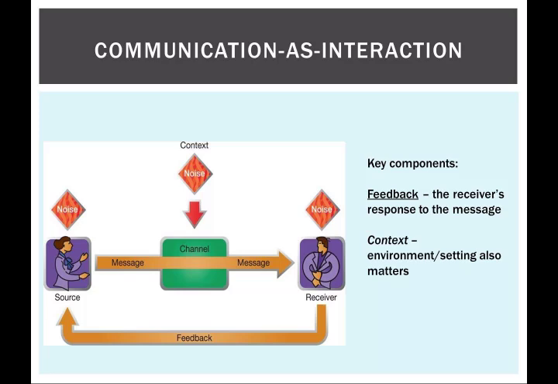It could also be more of a formal type of context, such as if you were interacting with a colleague at work. So that actual environment or setting is going to have some sort of impact or influence on how the communication occurs within that interaction. So again, environment in actual physical settings can be one aspect that you look at.